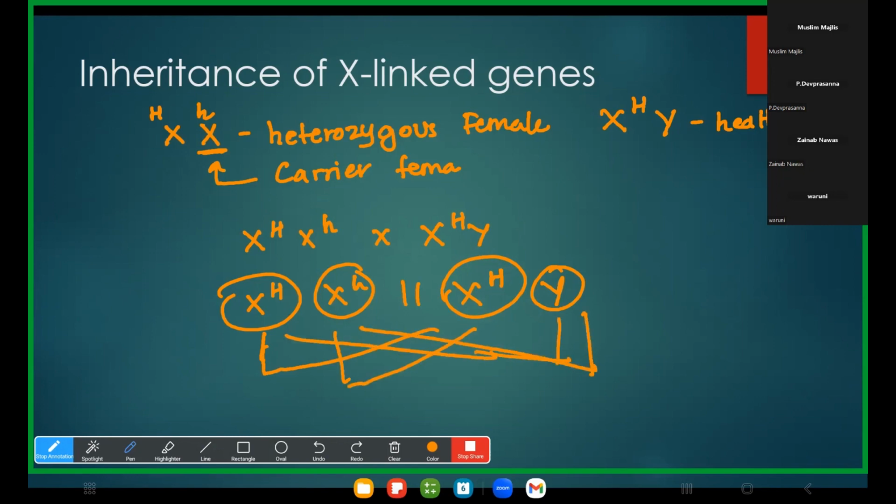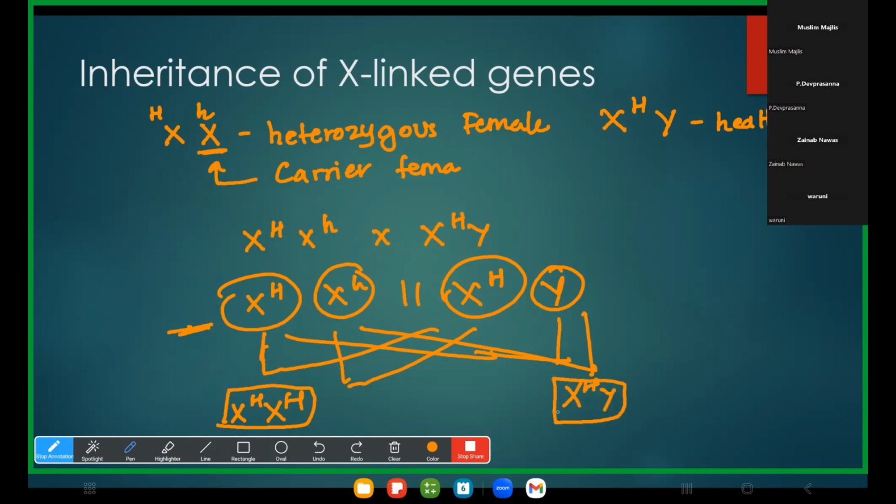So when the healthy gene from the mother and the healthy gene from the father are combined, there would be one female who is completely healthy. And then the healthy gene from the mother and the normal gene from the father is combined again.